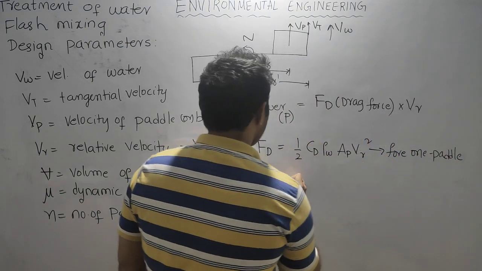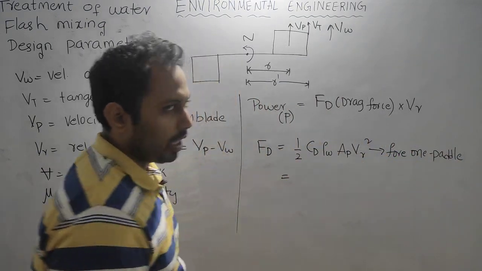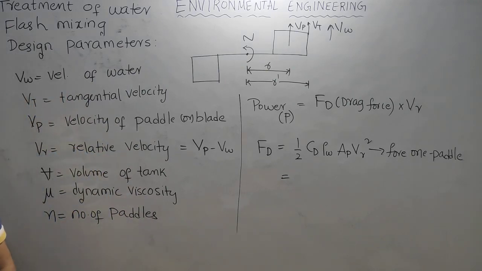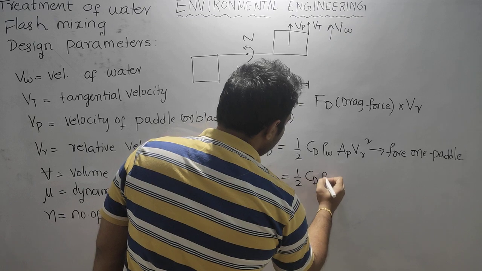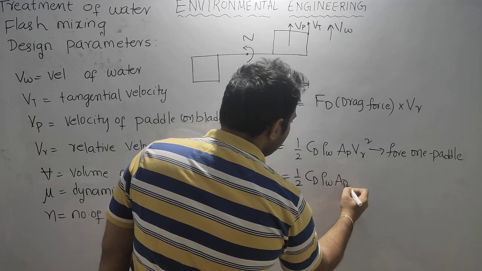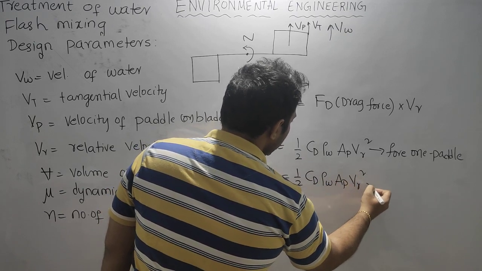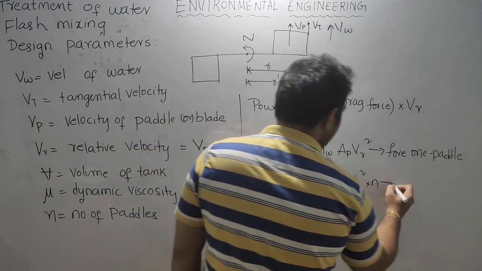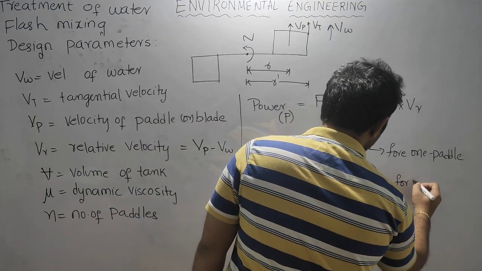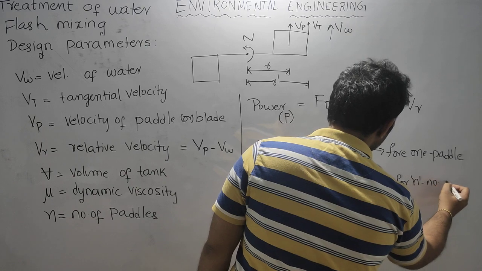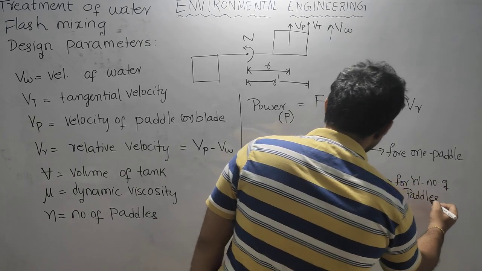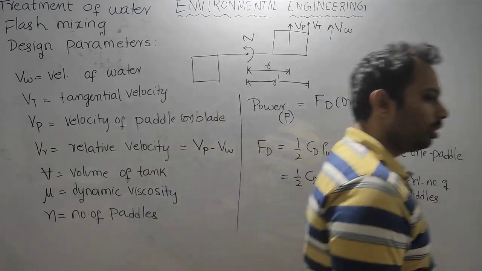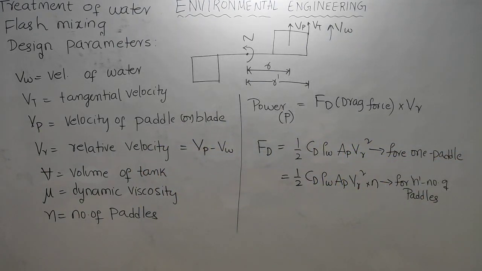When there are n paddles, you need to multiply it with n: 1/2 CD rho W Ap Vr squared into n for n number of paddles. This is the drag force term.